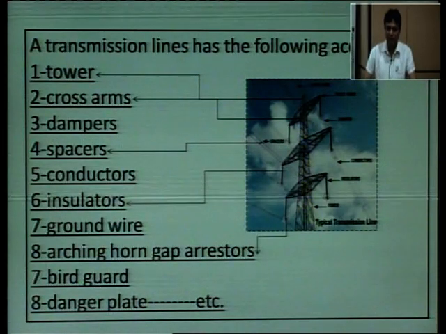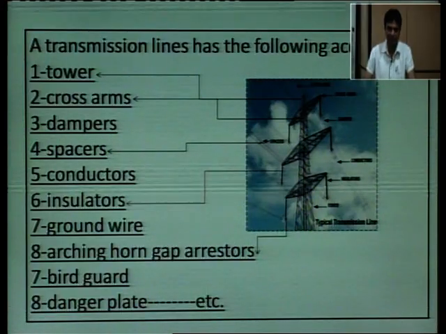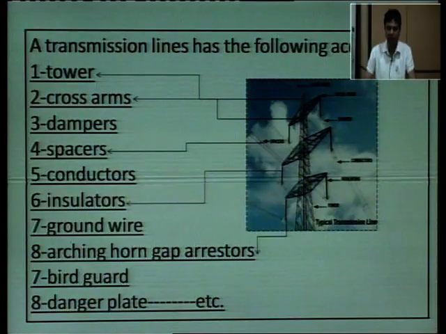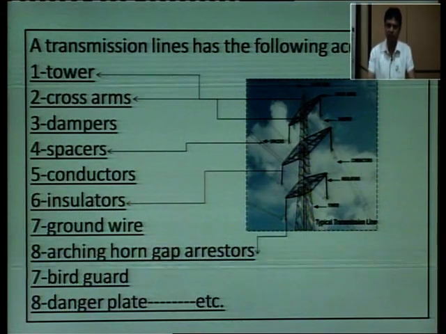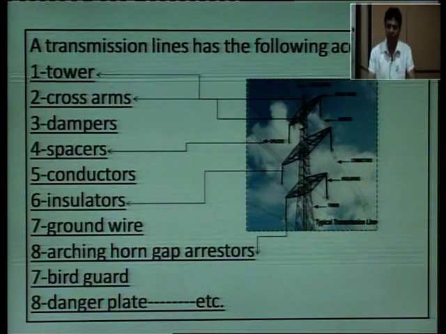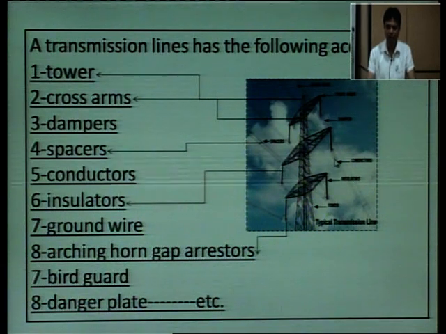So, a transmission line has the following accessories: lattice steel tower, cross arms, dampers. So, these are the dampers. I will show you in the next slide.